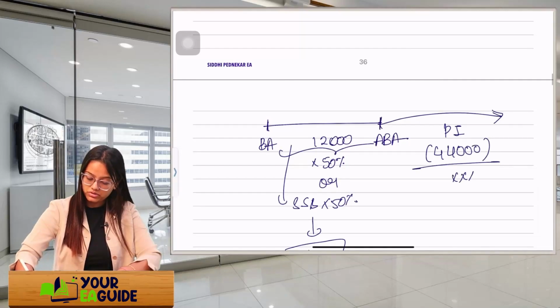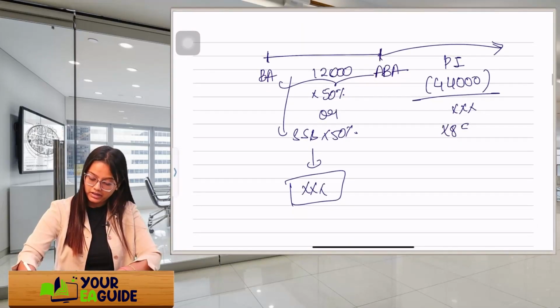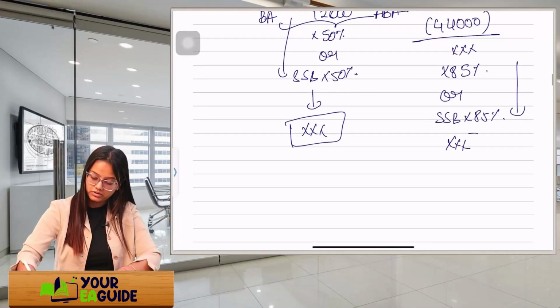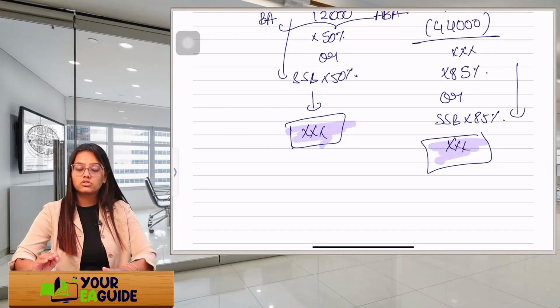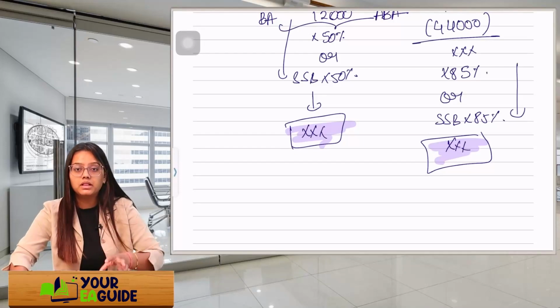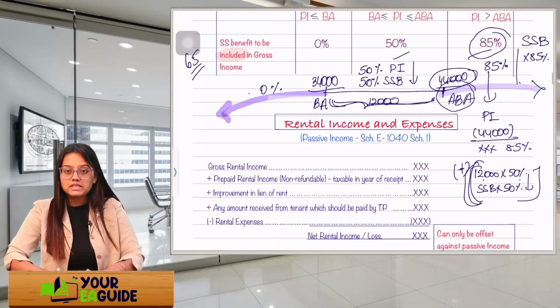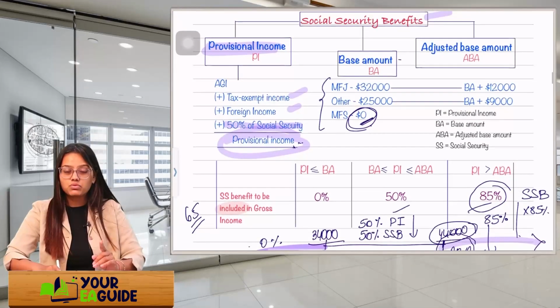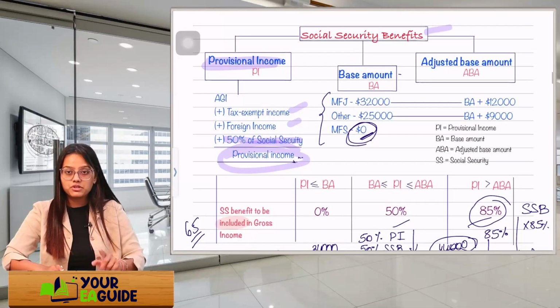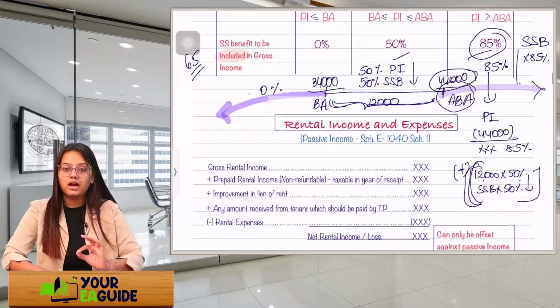This is your amount. Straight away multiply it by 85% or social security benefit into 85%, whichever is lower. Take this amount. Total up this plus this will be your taxable social security benefit. It will be included in the gross income. Okay, clear guys? So please make sure to solve at least 1 or 2 complex MCQs on the social security benefit. It can be asked in the exam.